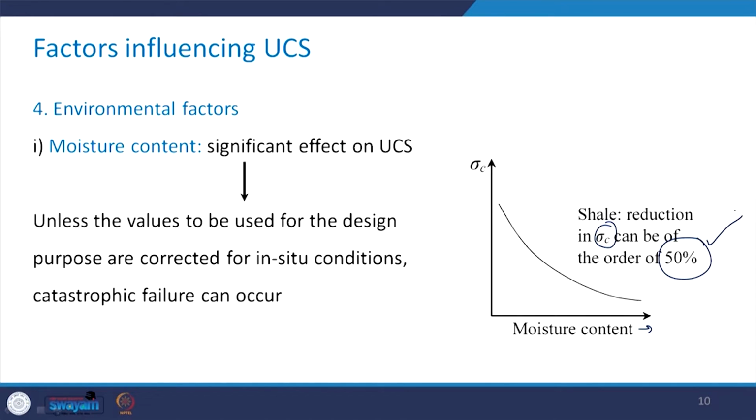So unless the values which are to be used for design purposes are corrected for the in situ conditions, catastrophic failure can occur. Let us say that at the site you have some moisture content or groundwater condition, because of which the rock is exposed to water. And when you are testing in the lab, you have brought that sample and dried it, and you are testing it in dry conditions.